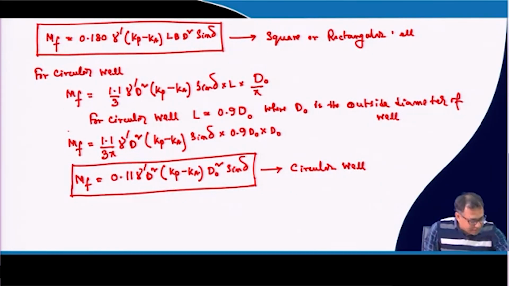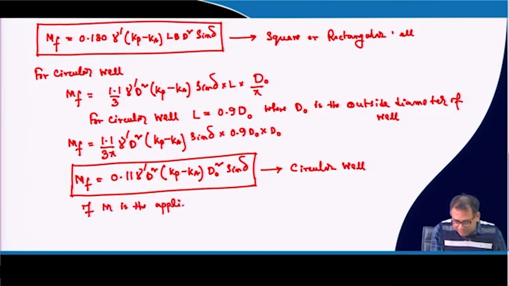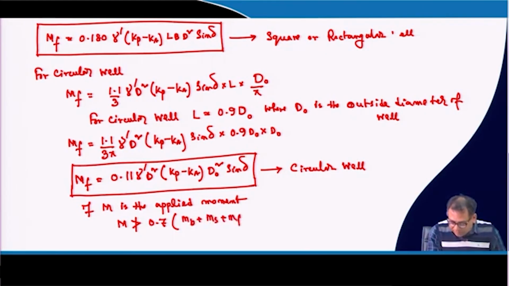So, the condition should be that if M is the applied moment, then this M should not be greater than 0.7 times (MB plus MS plus MF).